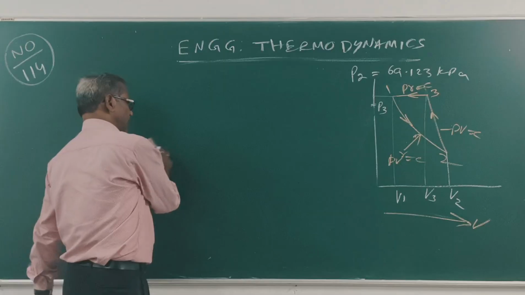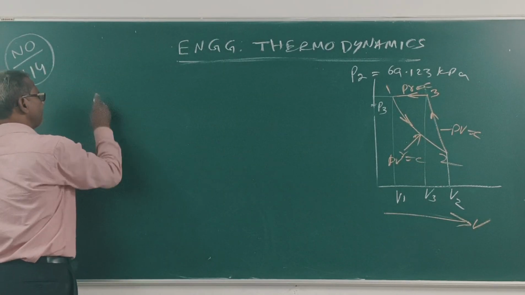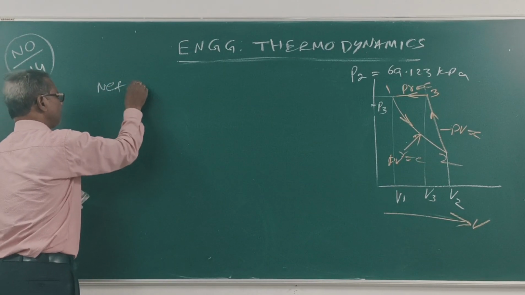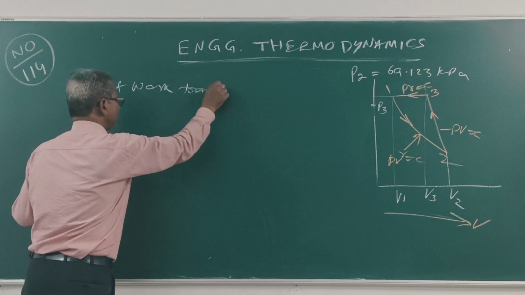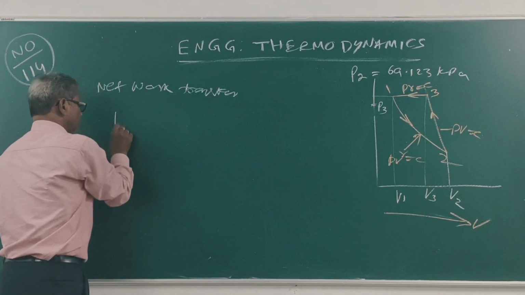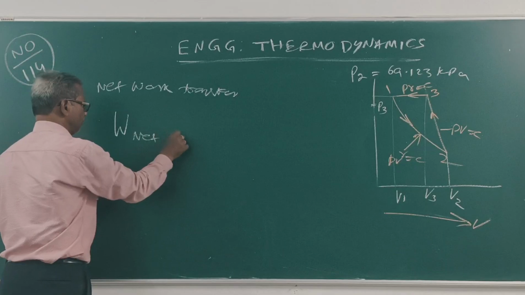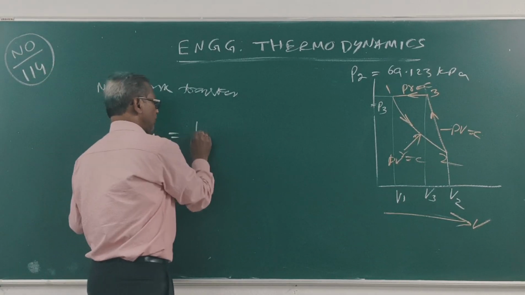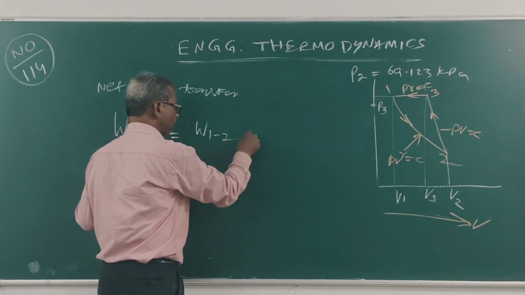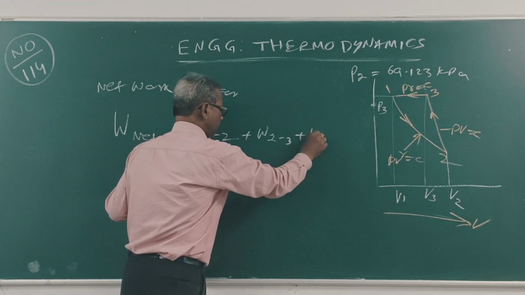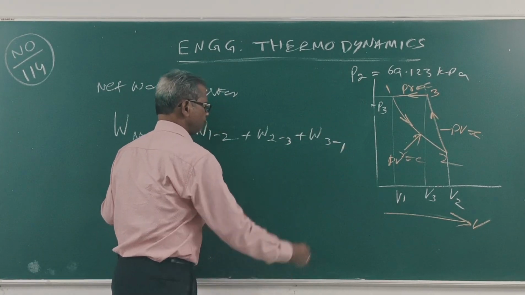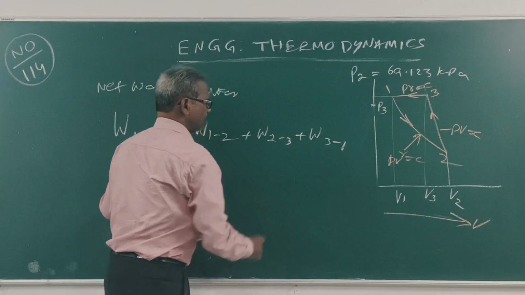Now net work transfer. W net is equal to W12 plus W23 plus W31. Clear?